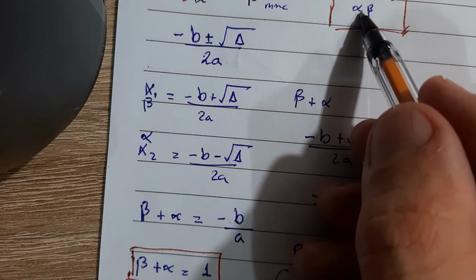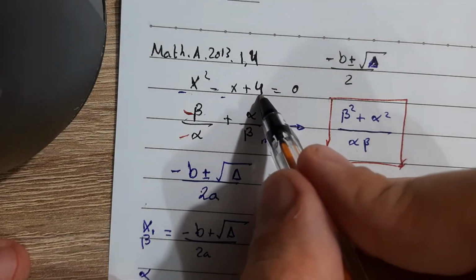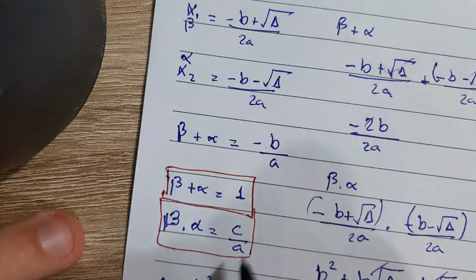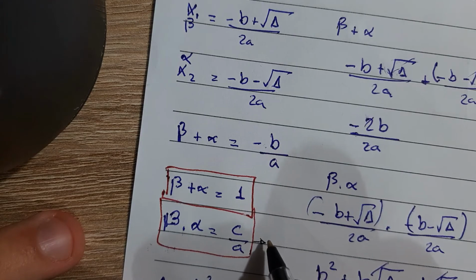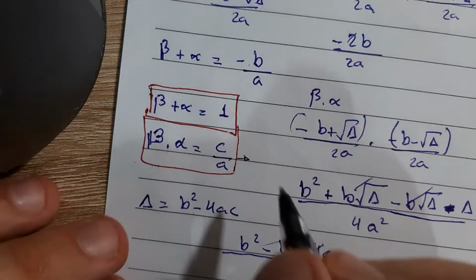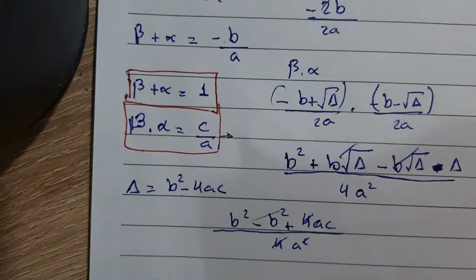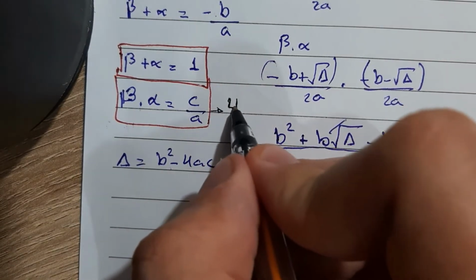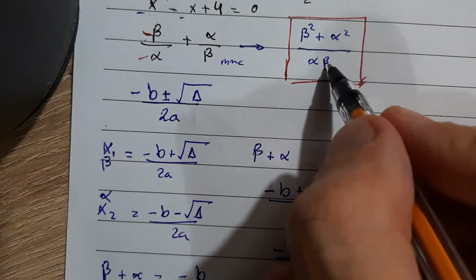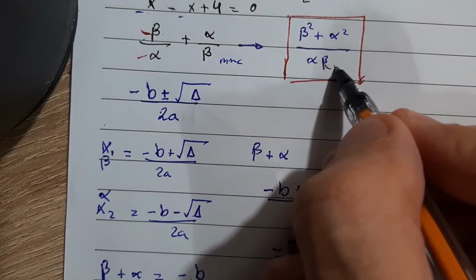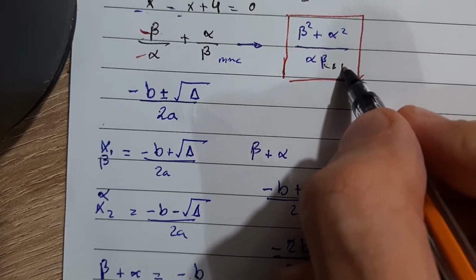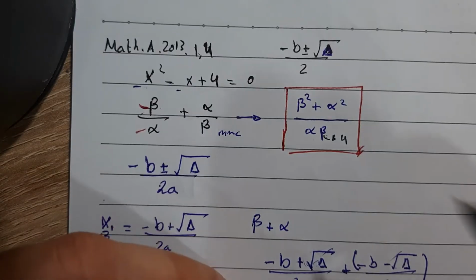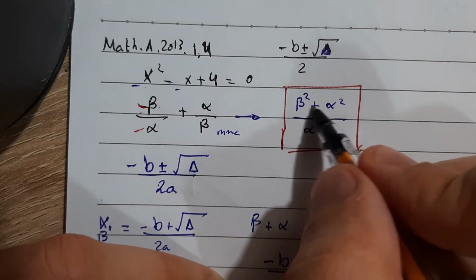Now look over here, and remember, c divided by a is what? C is 4 and a is 1, so this one is the same as saying 4, okay? 4 over here. So, and we already found this part over here. This is 4. So now we just need to find this in a more beautiful way.